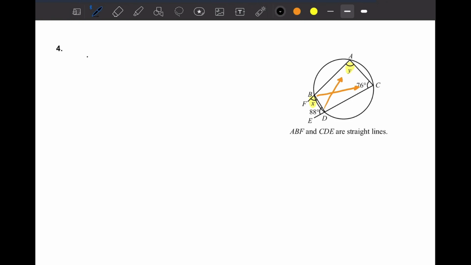So this one is just an easy question, so let's do it quickly. So angle DBF equals angle ACD. So remember to write your reason. So therefore, X equals 76 degrees. Make sure you write X equals, don't write just DBF.